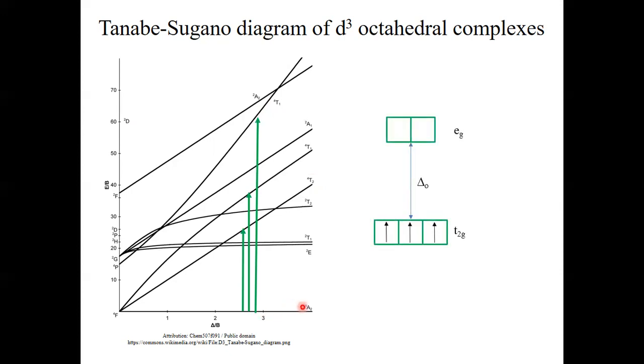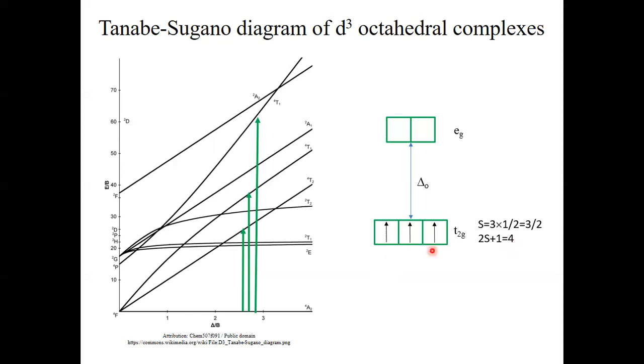So now to the question, how can we understand that our ground state is actually a quartet state? We can understand this from the fact that in the d3 electron configuration, we would have 3 unpaired electrons in the t2g orbitals, and according to this, 3 times a half would be 3 halves, and then 2 times 3 halves plus 1 is equal to 4.